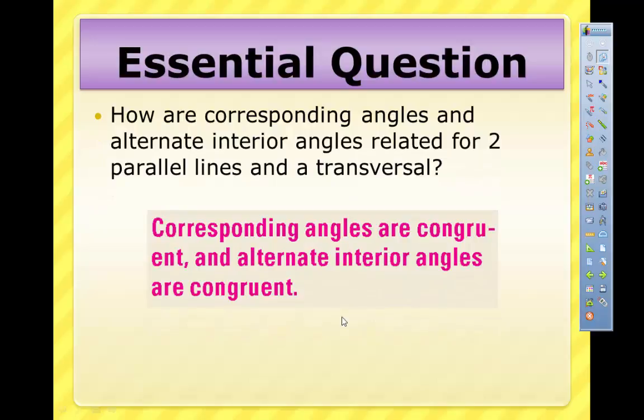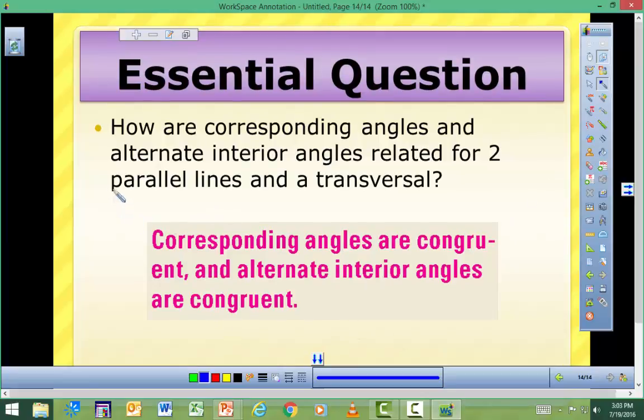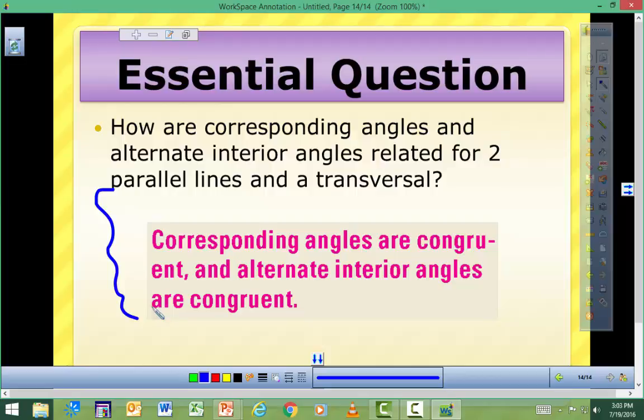So here we have the little summary of what we learned about. When lines are parallel, the corresponding angles and alternate interior angles are congruent. We should also add that the final idea had to do with consecutive angles being supplementary. So, pretty easy assignment, but make sure you master this.